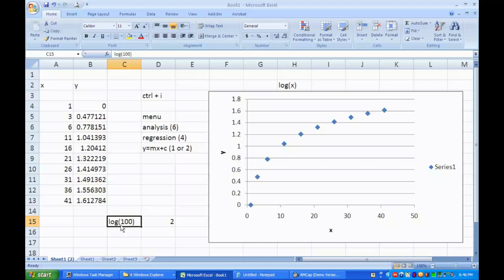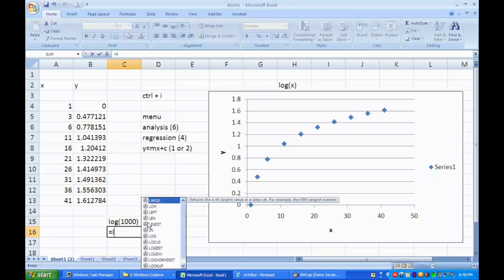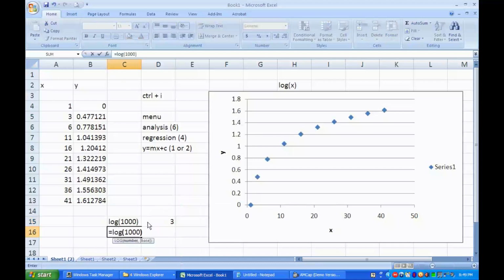What that means is 10 to the power of whatever's in the brackets. So 10 to the power of 2 equals 100. If this were log of 1,000, then that would equal 3.